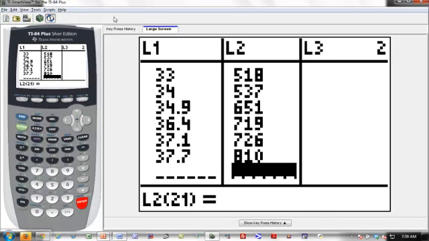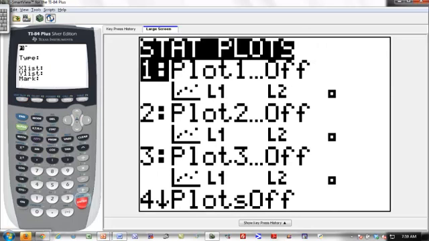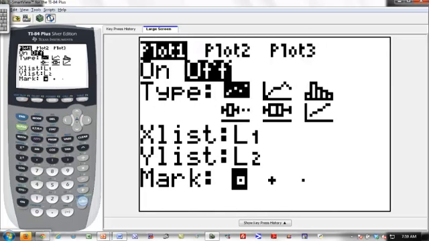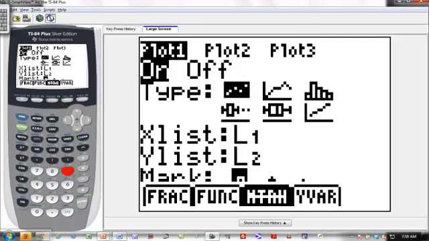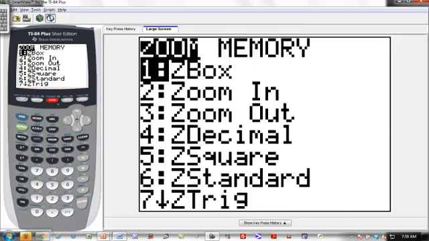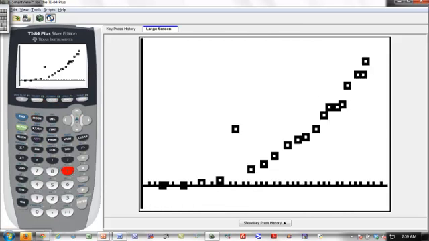Let me see if I can catch up to you, Katja. Second stat plot. Let me turn the plot on, and there's a scatter plot, L1 and L2. Zoom 9. Sometimes it doesn't work on the big calculator. Zoom 9. And you look at that data and you say, hey, does that data look linear? Did I not get one point in correctly?